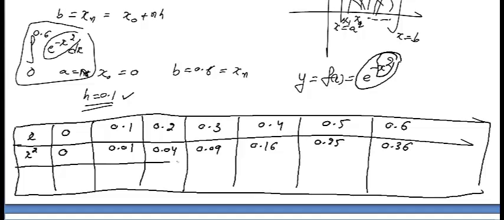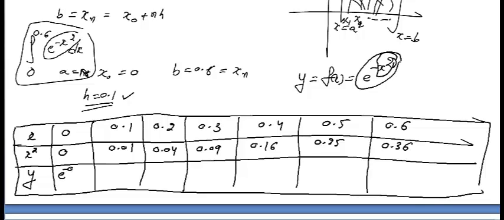Now we will move toward the y. When you want to find e raised to power minus 0, it will be 1. So this is your y0. Now the next will be e raised to power minus 0.01.